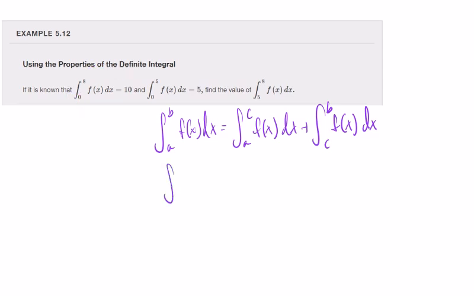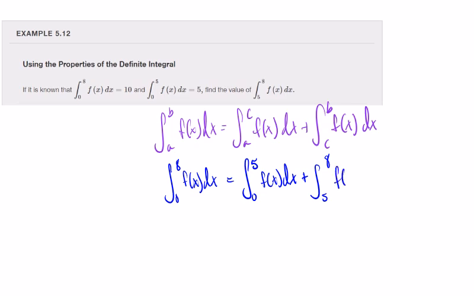So I know that the integral from 0 to 8 of f of x dx must equal the integral from 0 to 5, right, which is this one, f of x dx, plus, let's pick up where we left off at the 5 and start from 5 to 8, and that's what this one is, 5 to 8 f of x dx.